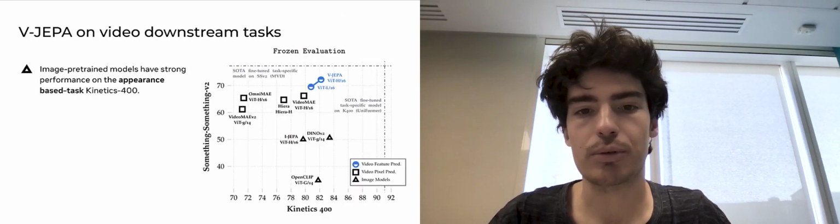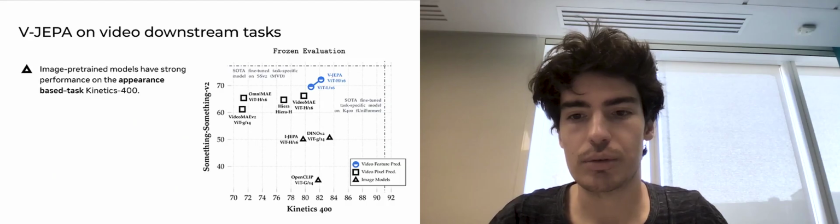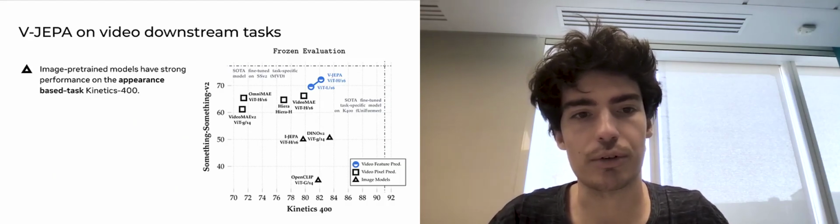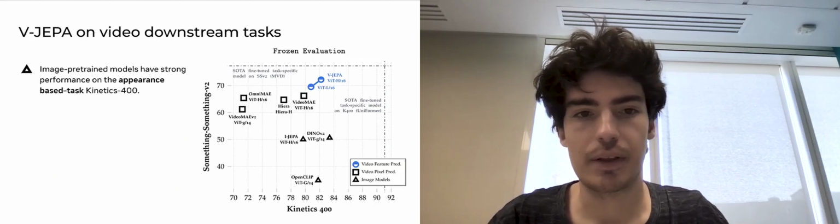Here are the results. We measure the performance on Something-Something V2 and on Kinetics. And first, we have a cluster of methods, the triangle cluster, that perform best on the appearance-based task, so Kinetics.